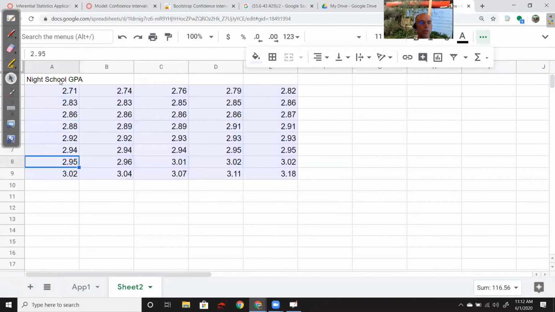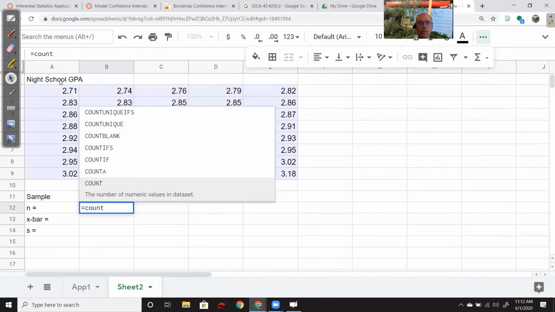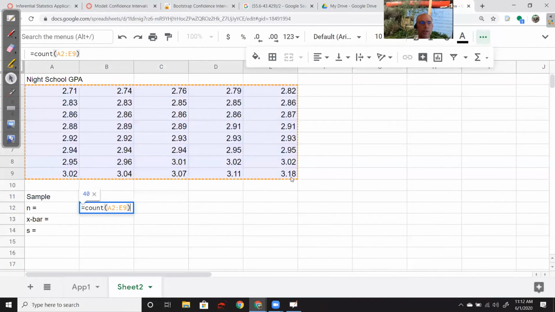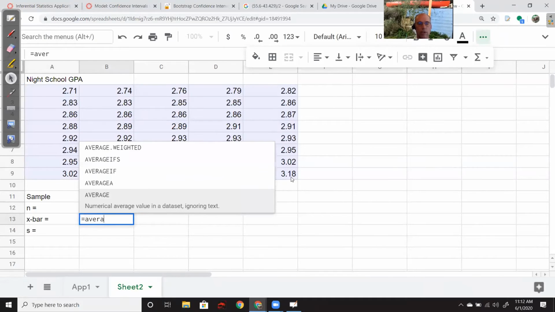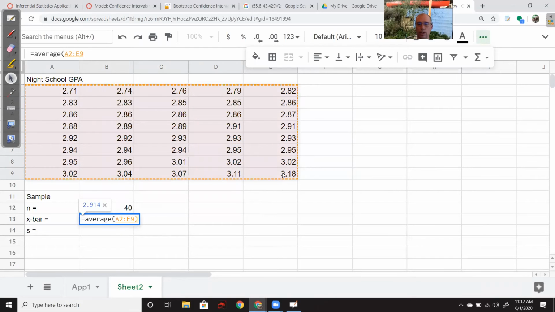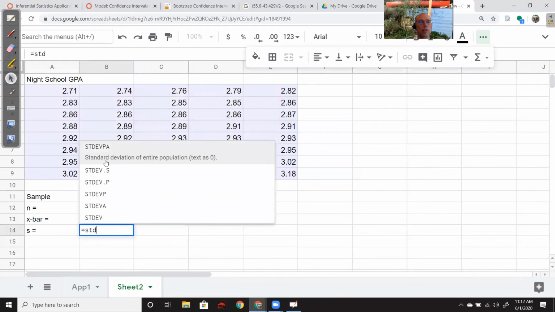And paste. And then underneath here, I'll get the sample information just to double check. N equals, X bar, sample mean equals, and then S equals. So count, average, and std, equals std s sample.